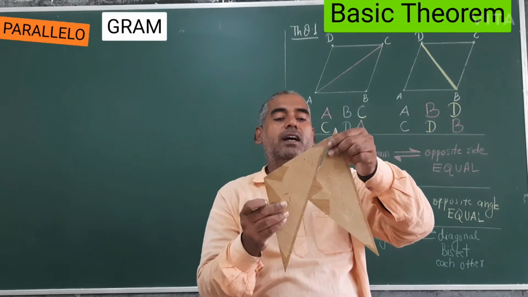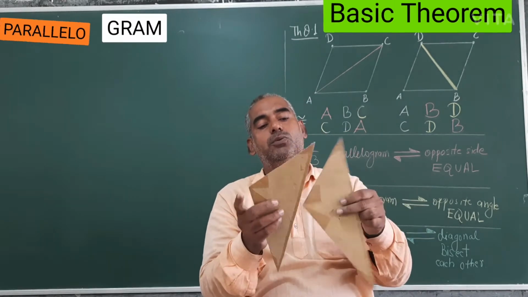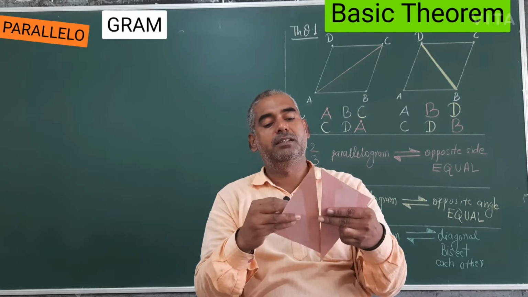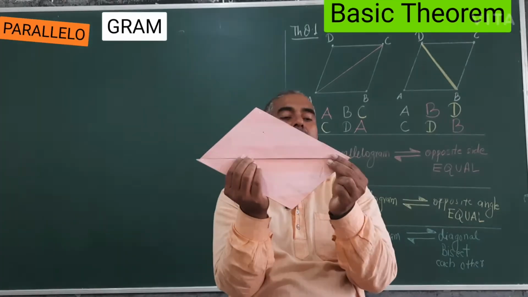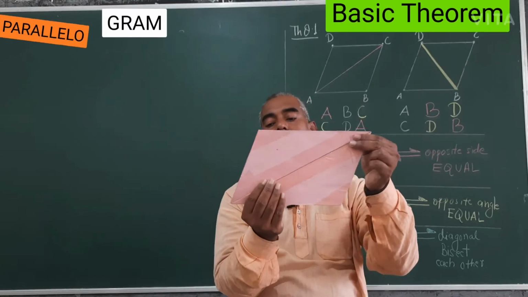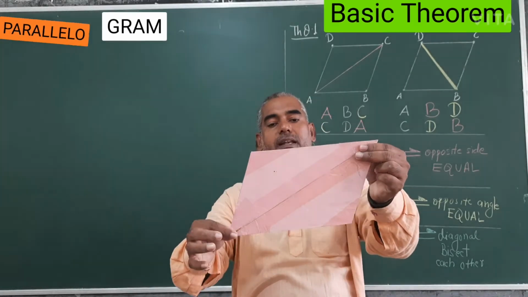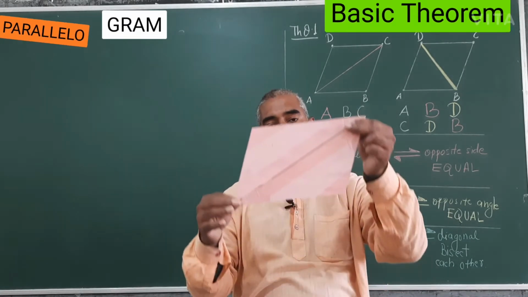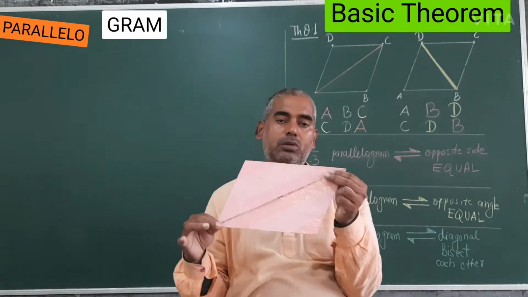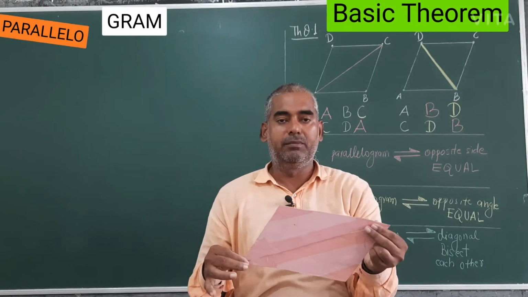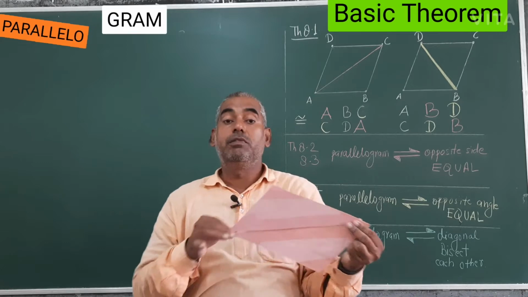But I will add these two in this format. Yes, this is a parallelogram, because two congruent triangles will make a parallelogram, will make a rectangle also, will make a square also.